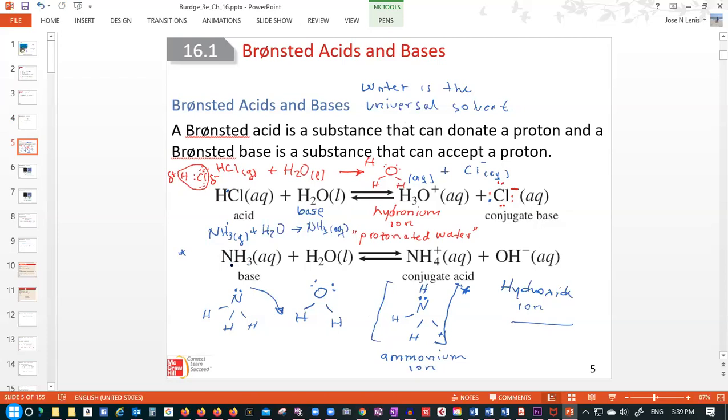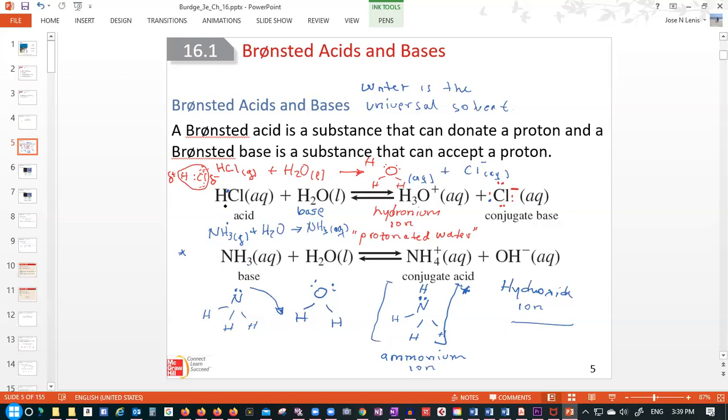something that we were not able to do if we were using the Arrhenius definition. According to Arrhenius, bases are substances that give off OH minus, but notice NH3 doesn't have OH minus to give off.